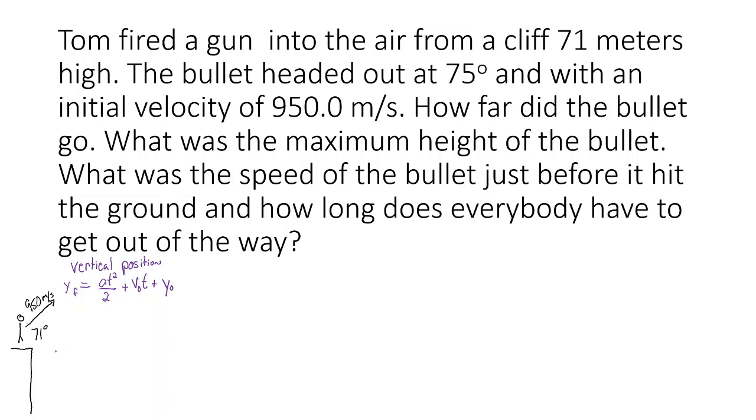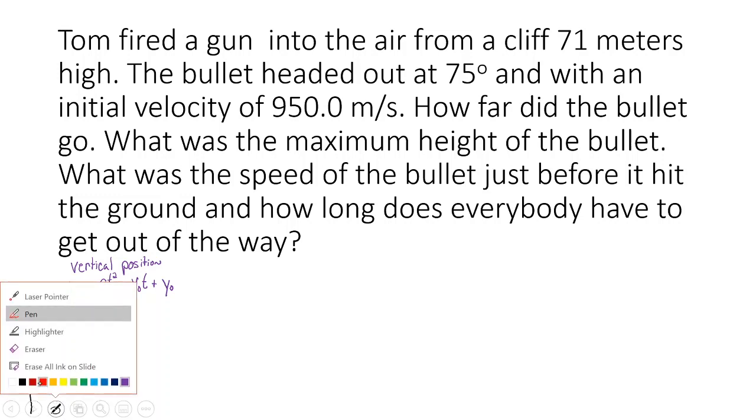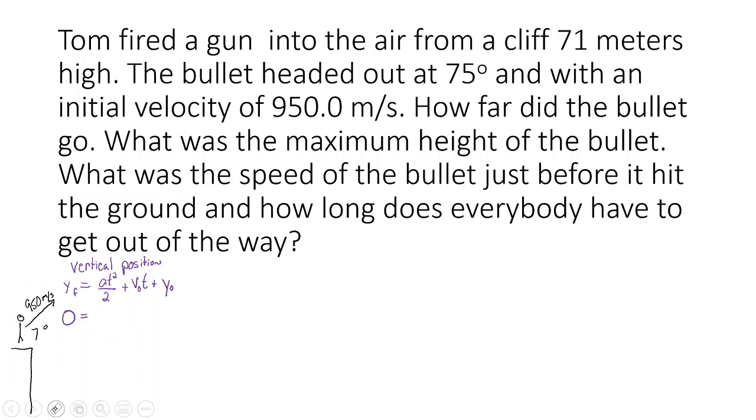So what's the final position of this bullet? We want to find out when it hits the ground, how far has it traveled horizontally? So the final position is going to be 0. What else does that tell you? I made a mistake in my diagram, and this degree is supposed to be 75 degrees, and the height of the cliff is 71 meters.